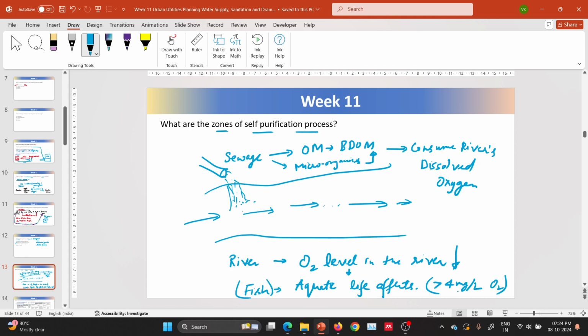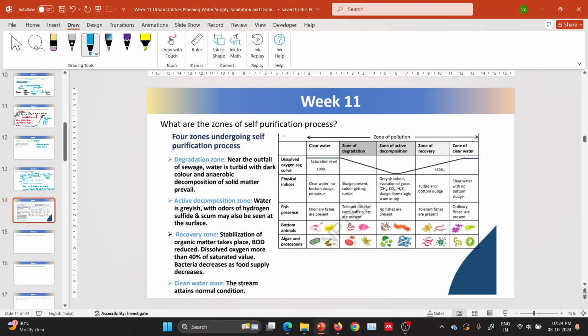So if the aquatic life is affected, the food chain also gets affected. Okay, let's understand what the self-purification process is. There are 4 zones of self-purification.